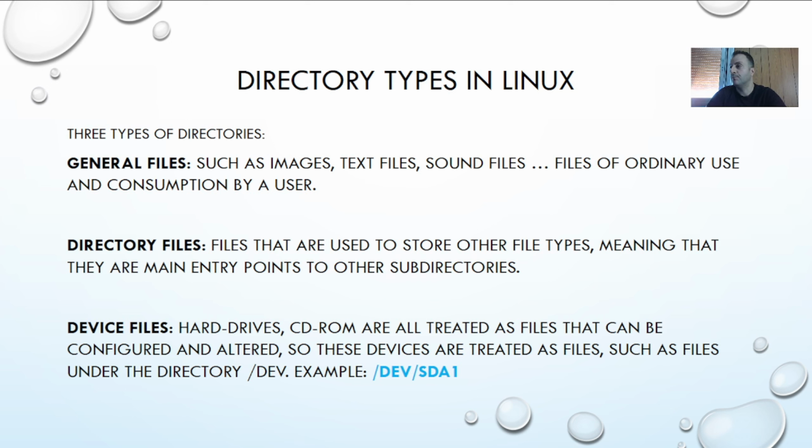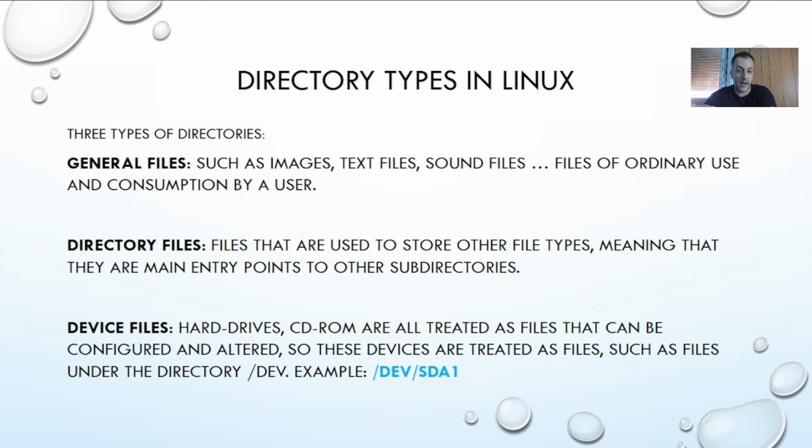So what are the main file types in Linux? First of all, you have the general files such as images, text files, and sound files. These are the ordinary files that are usually used by users, such as a sound file, an image, a video, etc. Second, directory files. These are files that are used to organize other file types, such as the main entry point to other subdirectories.